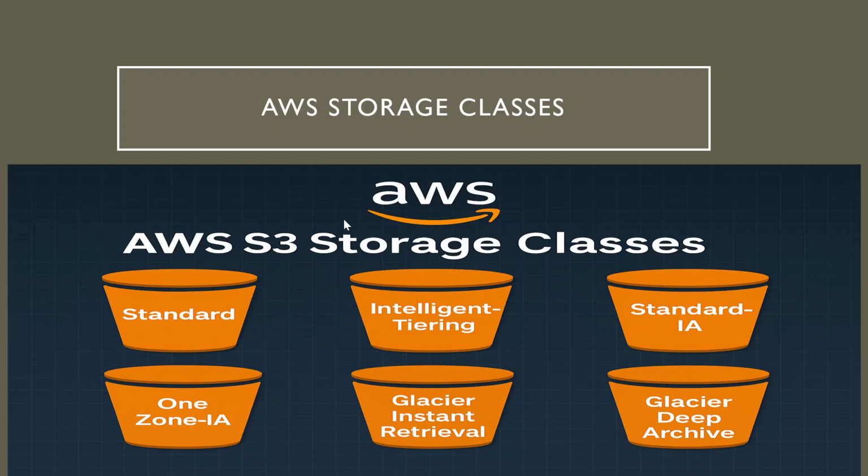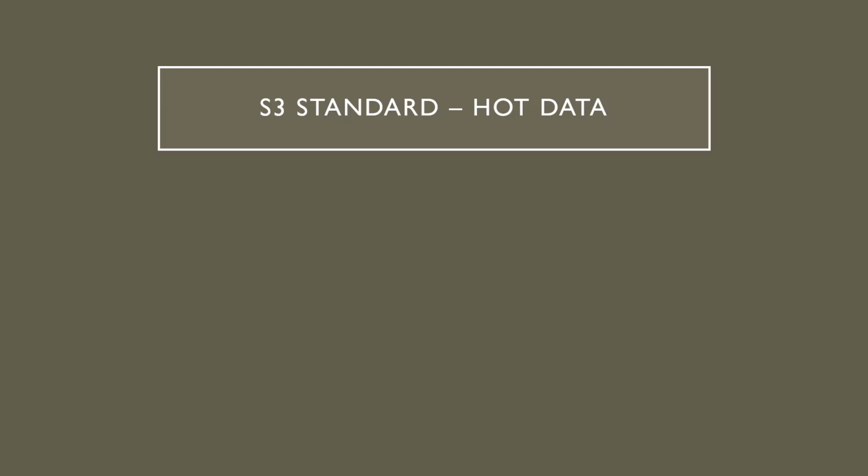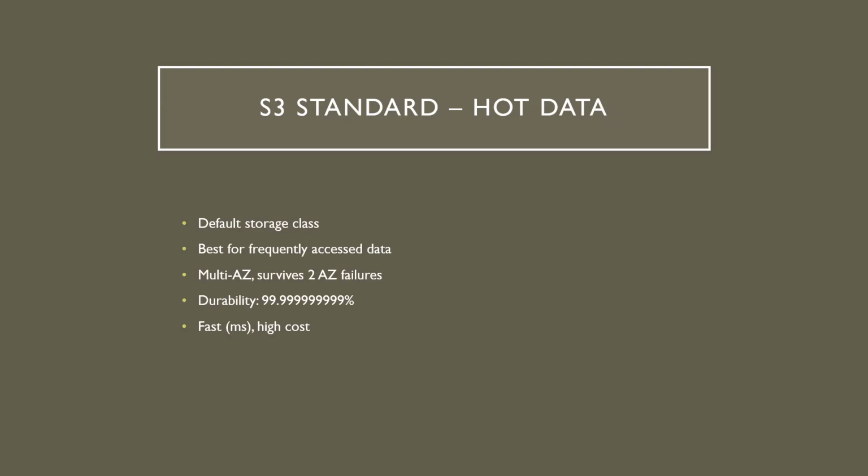First we'll see S3 Standard. This is the default class, and if you don't specify anything, your object goes here. It's best for websites, mobile apps, media files, and frequently accessed content.